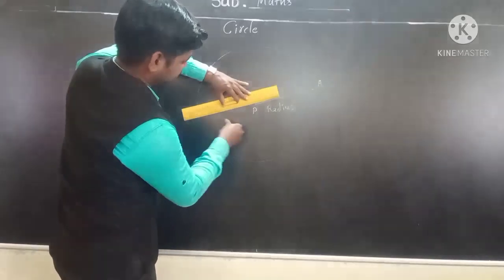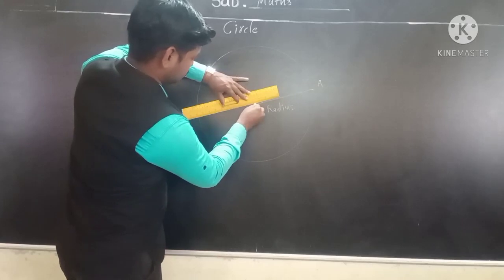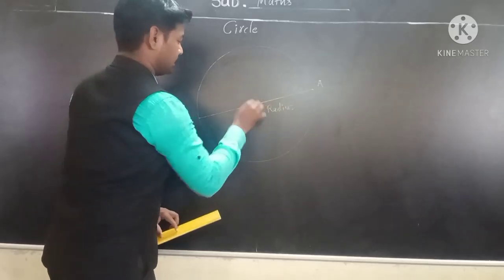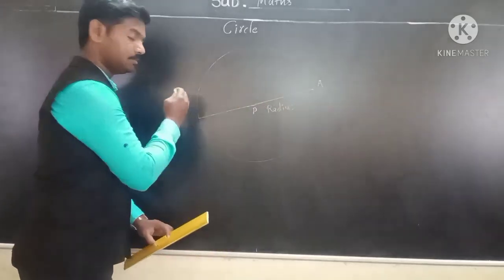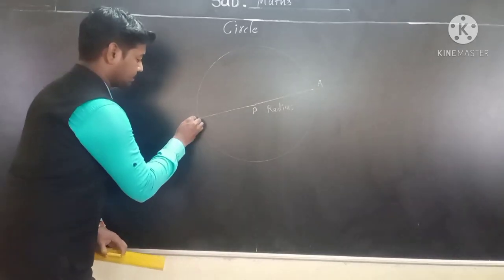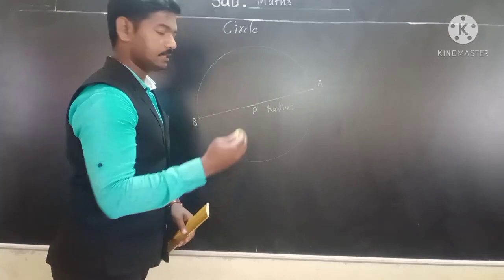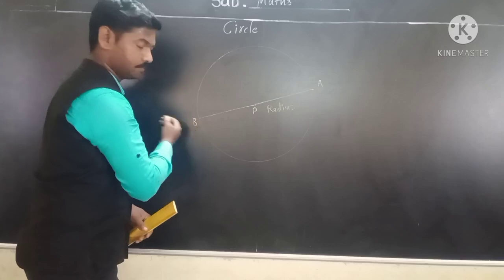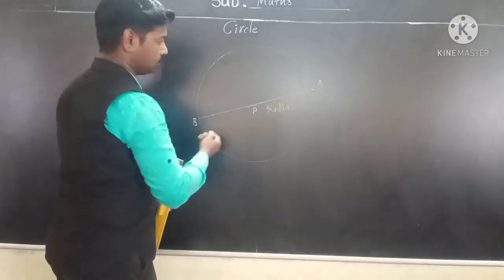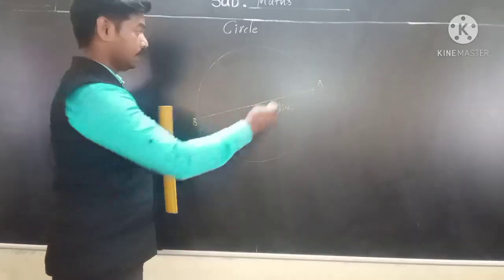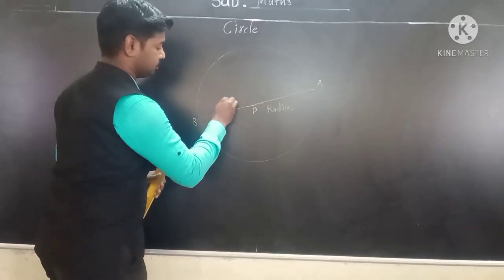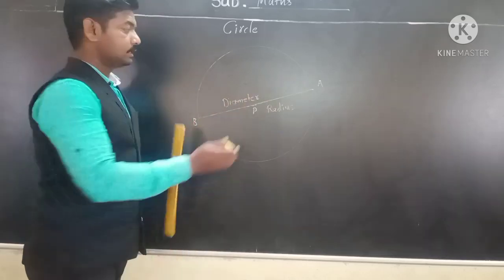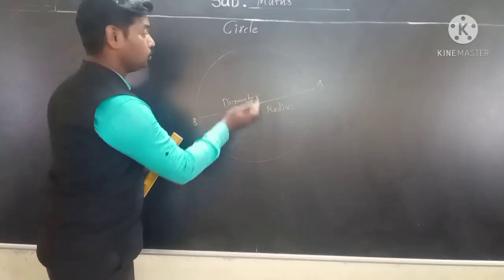We will extend that AP, and when it meets another point on the circle, we will give the name as B. Okay, see, just now if we extend AP on the other side, then we get the point B. Then AB is known as diameter of a circle.